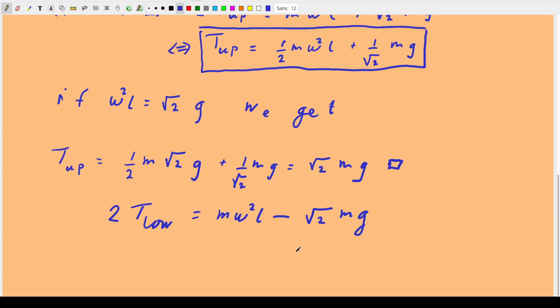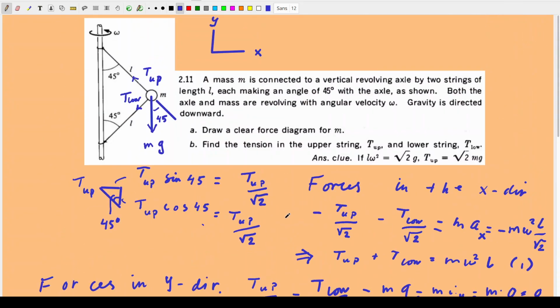And at the moment when this string force T low is 0, it is just about to destroy the static situation we have here, and then the mass would start pendulum down here somewhat.